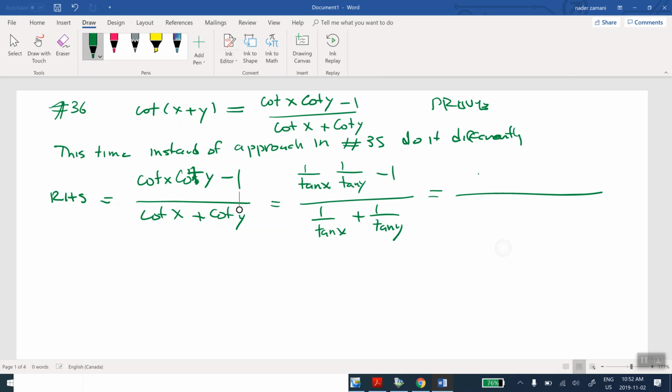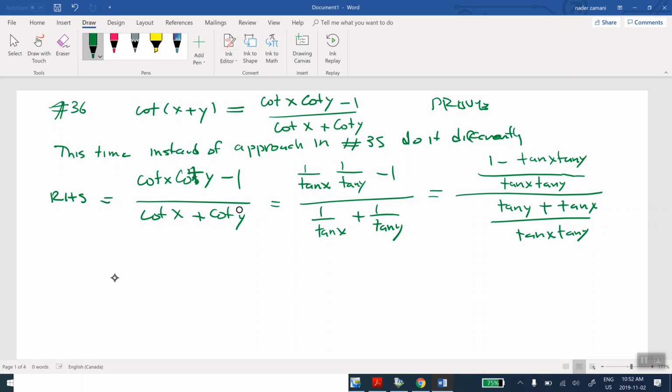The common denominator is tan x tan y, and up in the numerator I have 1 minus tan x tan y. And down here the common denominator is tan x tan y, and over here we have tan y plus tan x, or tan x plus tan y.